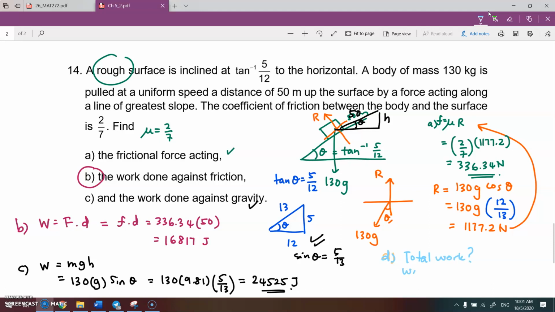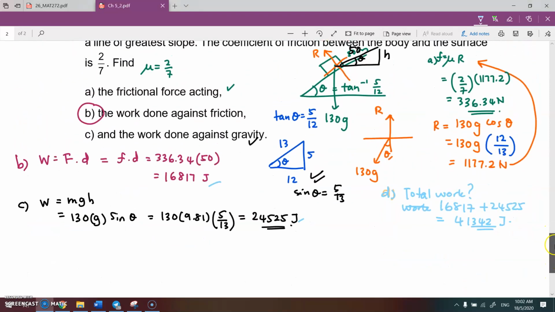It means your work against friction plus the work against gravity, so you need to add these two. 16817 plus 24525 is 41342 joules. You can proceed with the other exercises, questions 15, 16, and 17.